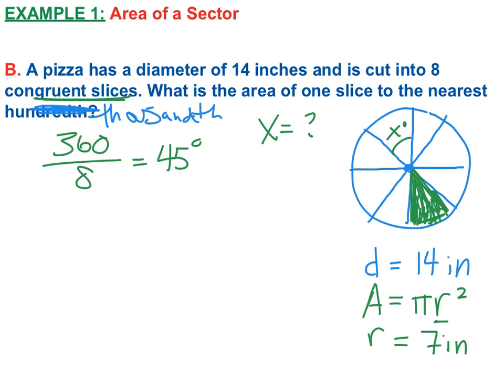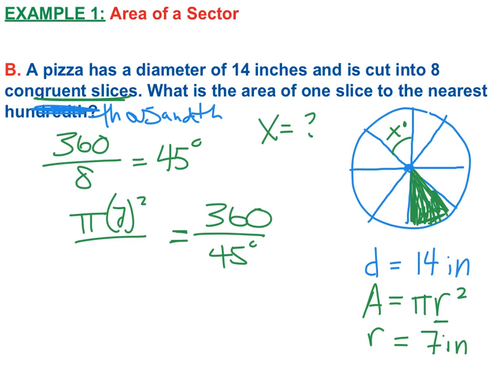And then we know that this is a proportional relationship, so we can set that up. My whole is 360 over the part, which is 45 degrees. I know that my whole is going to be the area, so pi times 7 squared. Again, we're squaring just the 7, not the pi.